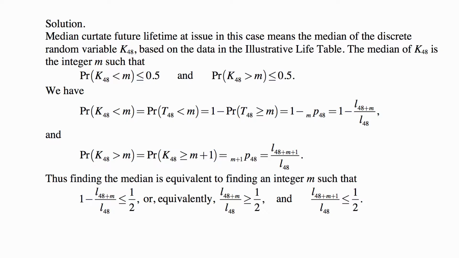So finding the median is equivalent to finding an integer m such that 1 minus L48 plus m over L48 is less than or equal to 1/2. That's equivalent to saying that L48 plus m over L48 is greater than or equal to 1/2, and at the same time L48 plus m plus 1 over L48 is less than or equal to 1/2. So basically we switch from the ratio of the population size at a given age to the population at 48 being more than 1/2 to less than 1/2. We're looking for that magic point where that happens.